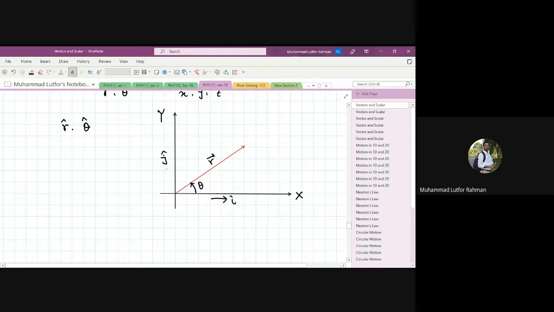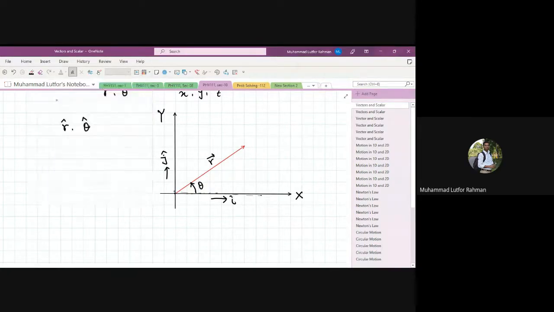If you closely observe, i hat and j hat are basically in the incremental direction of x, or the increasing direction of x and y respectively. From the origin, x is increasing towards that direction, and y is also increasing towards that direction. That's why the direction of i and j is toward that direction.